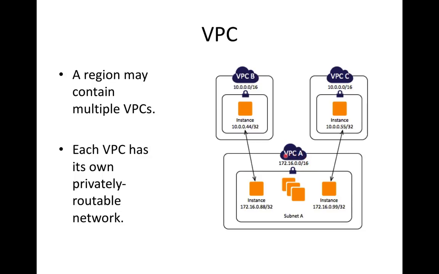This represents a large range of IP addresses that can be routed within this VPC. VPC-B has a separate network range where it's 10.0.0.0/16.